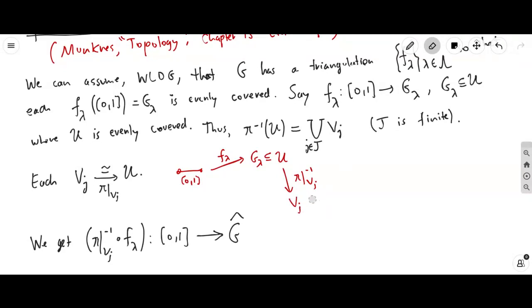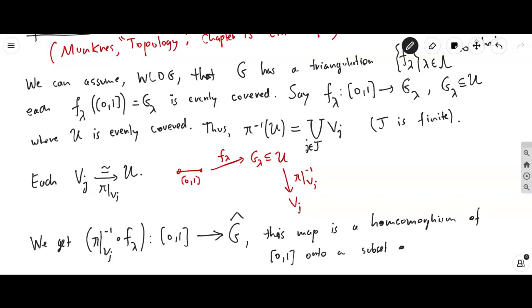So these are open subsets in the covering space. So this map is a homeomorphism of the interval onto a subset of G hat.